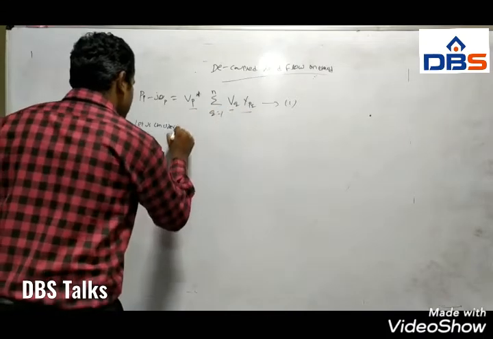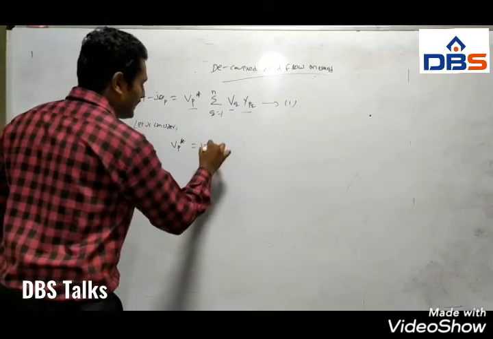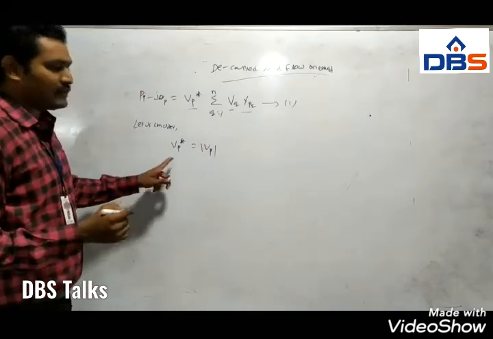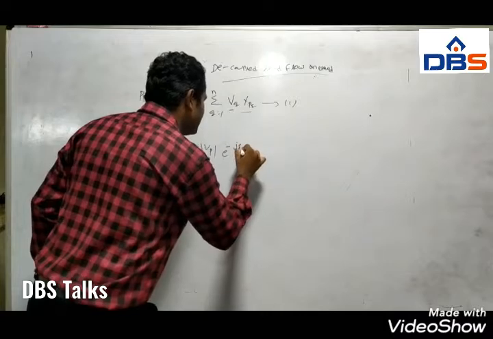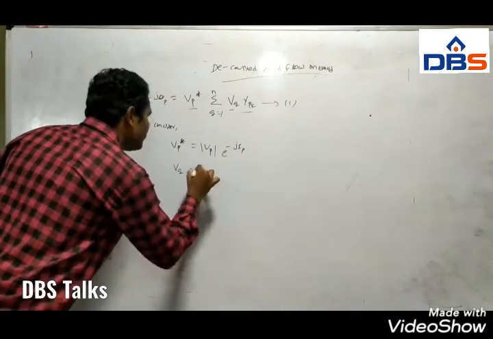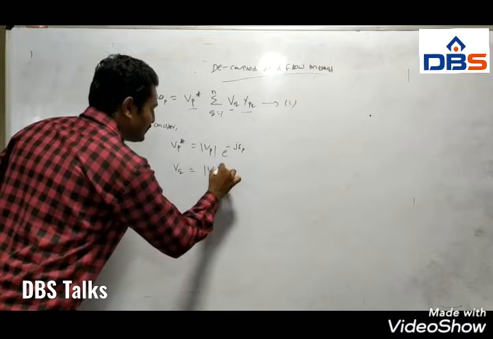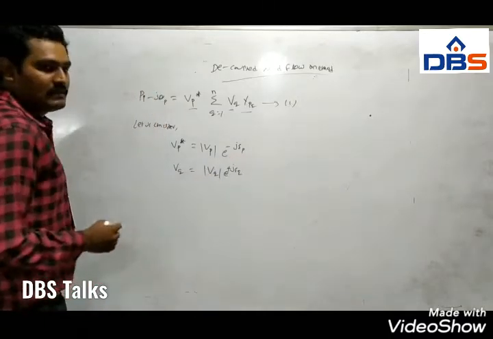That means let us consider Vp conjugate is equal to mod Vp e power minus j delta p. Similarly, Vq is equal to mod Vq e power plus j delta q.